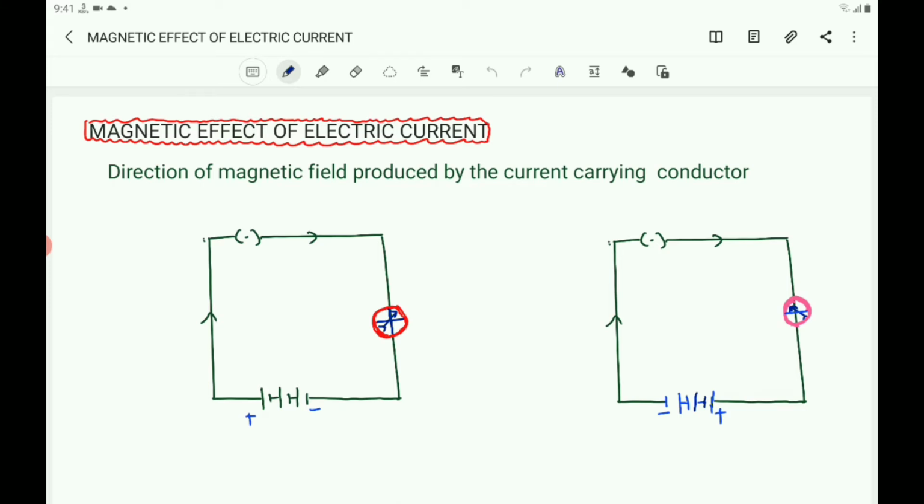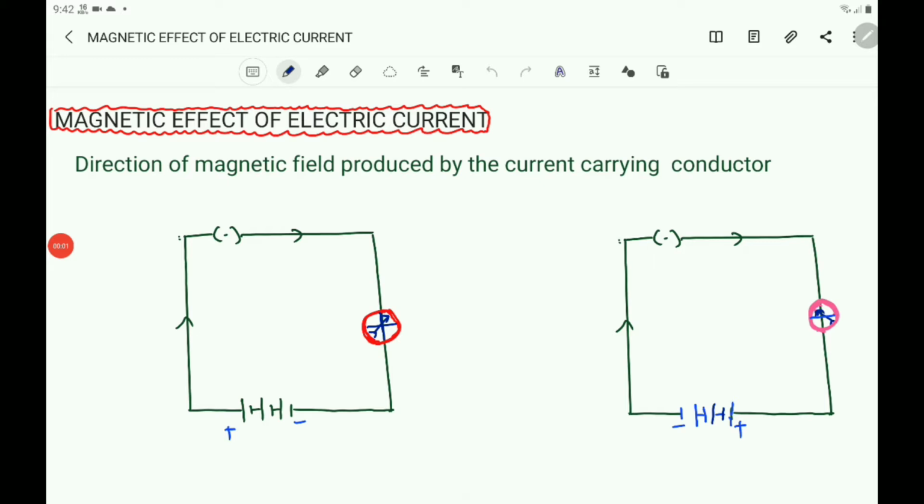And here we observed the magnetic effect of electric current by doing some experiment. Now let us do one activity to find the direction of the magnetic field produced by the current carrying conductor.